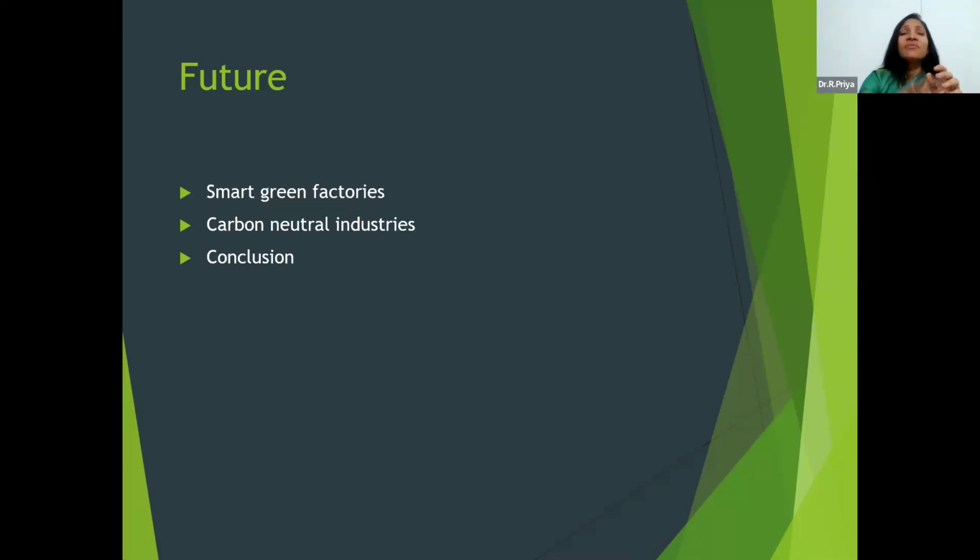So the machines will communicate with each other, adjust the operations automatically and ensure that resources are used in the most efficient way possible.